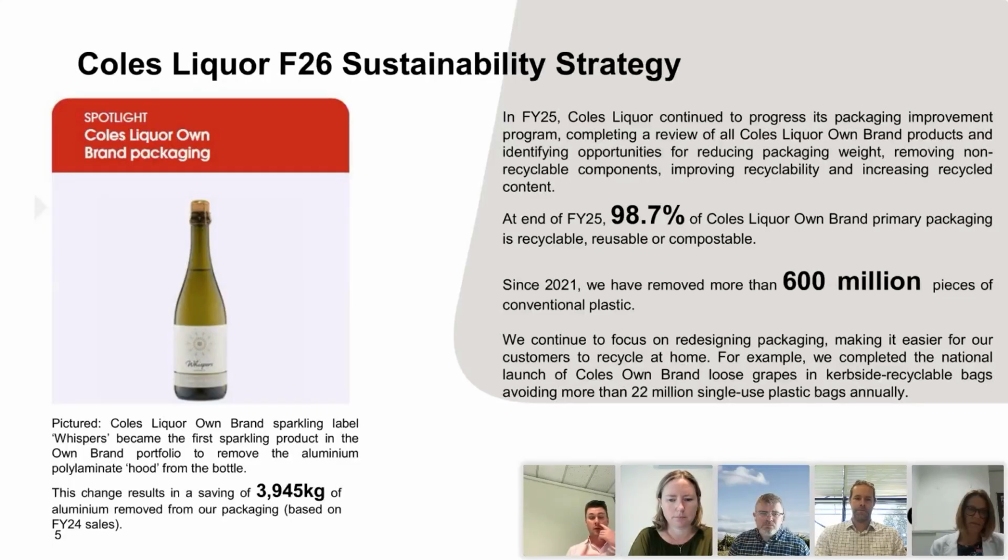We've also made some significant strides to reduce glass weight right across our own brand portfolio. In F25, that was about 50% of the portfolio, and we'll complete the balance in F26. And that has allowed us to achieve a 98.7% figure for all primary packaging in our own brand space being recyclable, reusable, or compostable.